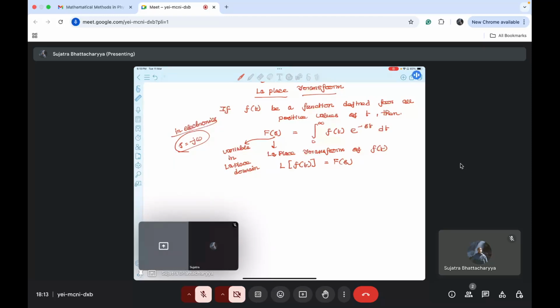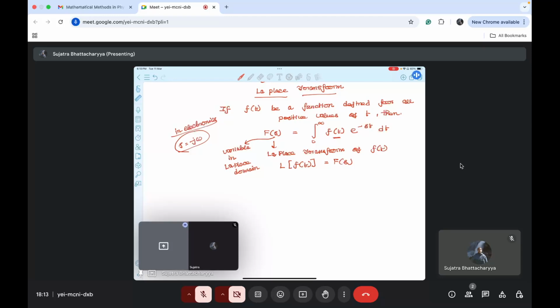So you can see that this Laplace transform is transforming a function which is initially in the time domain, or any space domain, into a frequency domain, just like a Fourier transform, but its integration is done from 0 to infinity, whereas in the Fourier transform, as we have seen, it is generally done from minus infinity to infinity. Correct? So this is the only difference we can find. Okay, so this is the definition of the Laplace transform.